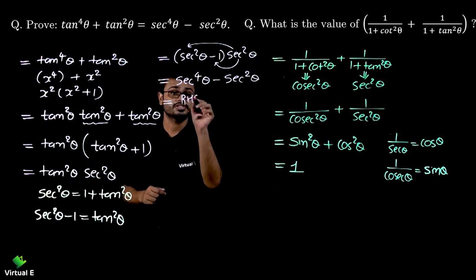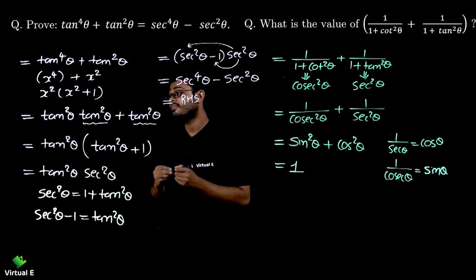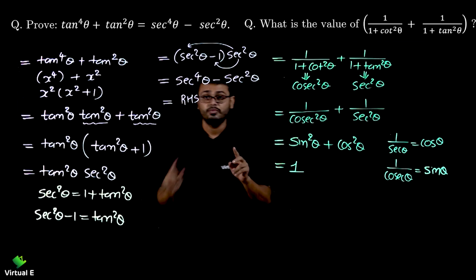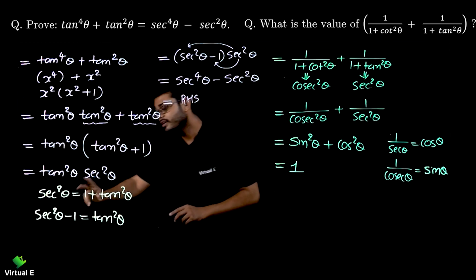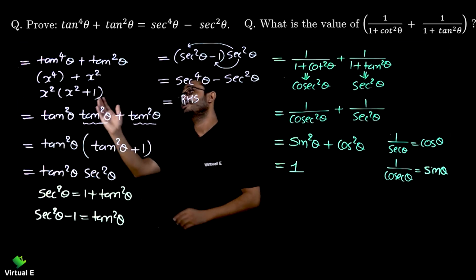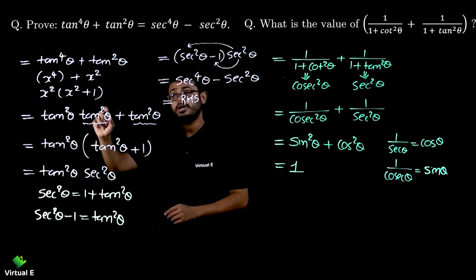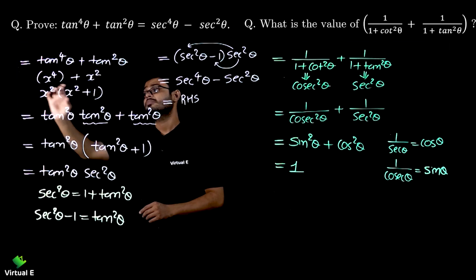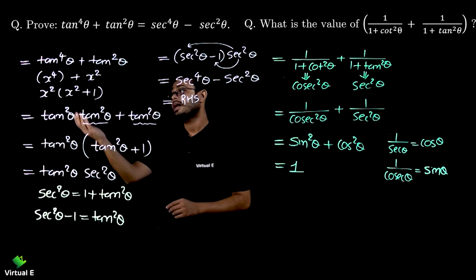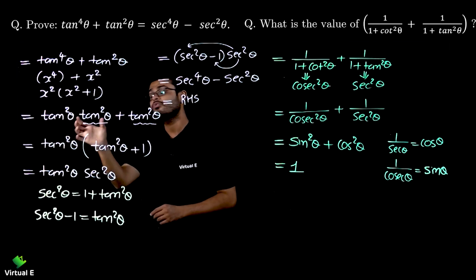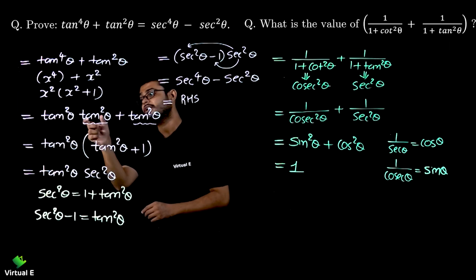Right? Let's recall this step. In this question, I used one identity 2 times, in a different form. Let's recall tan raised to 4 theta plus tan square theta. So you can compare with the algebra, and we need to take something common. Now how to take common? I have divided tan raised to 4 into 2 factors: tan square theta into tan square theta.